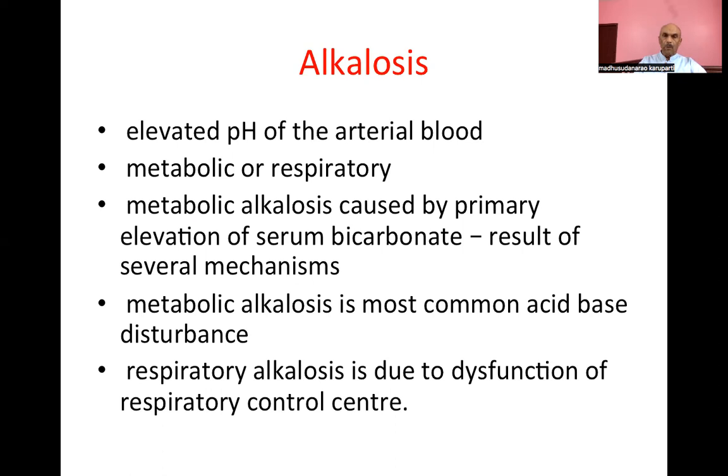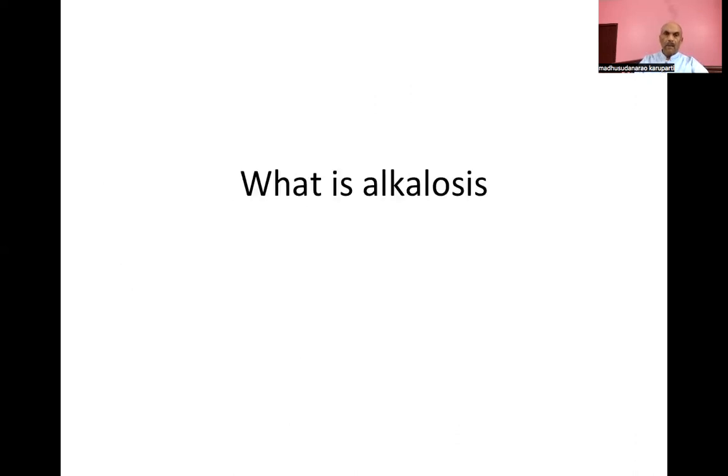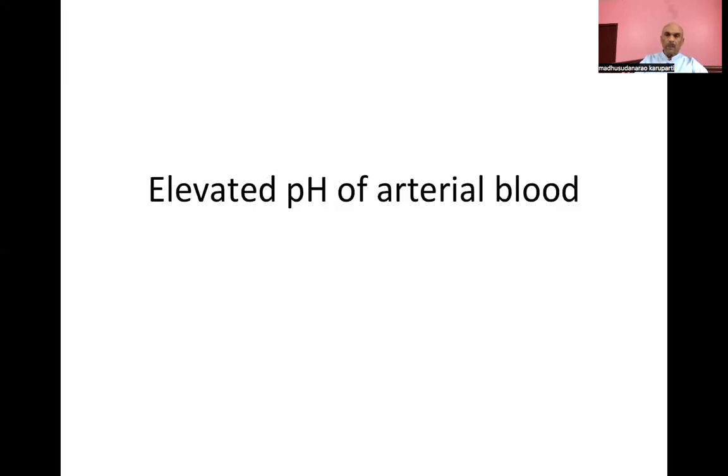Metabolic alkalosis is the most common acid-base disturbance. Respiratory alkalosis is due to dysfunction of the respiratory control center with the expulsion of more carbon dioxide. Then what is alkalosis? Elevated pH of the arterial blood is defined as alkalosis.